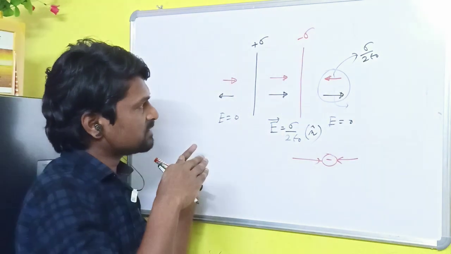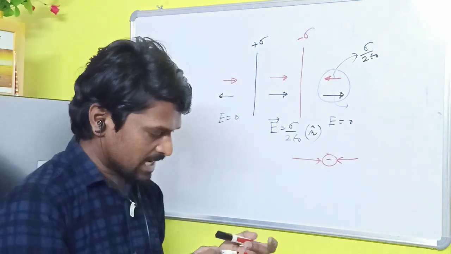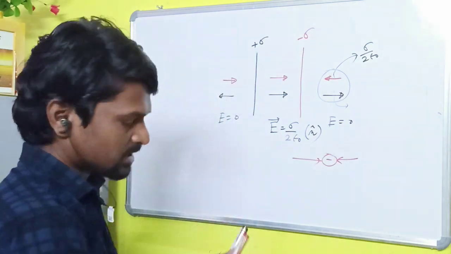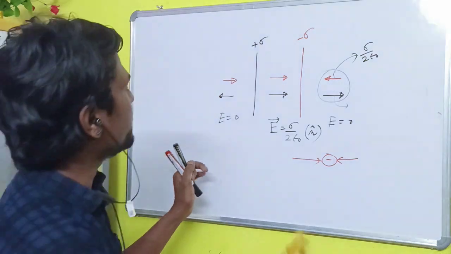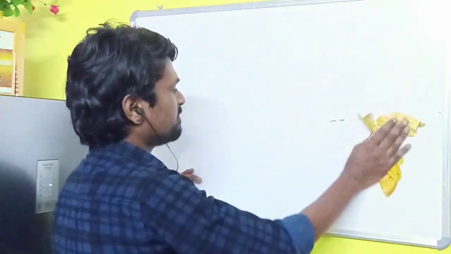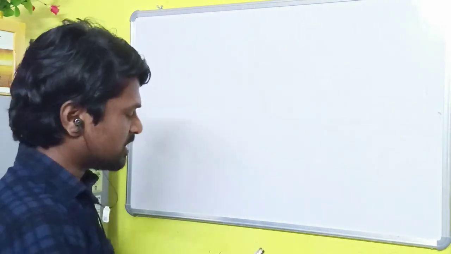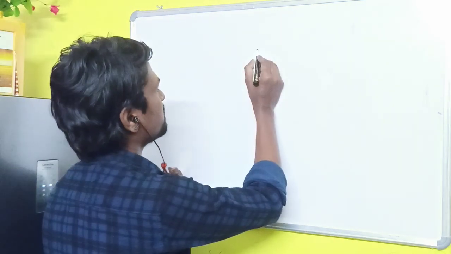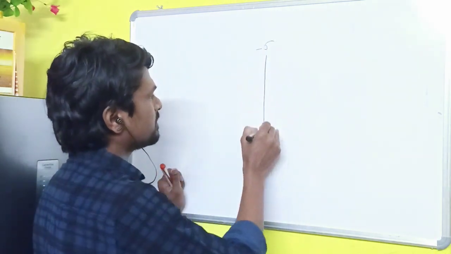If we take another example, a different case, where plus and minus sigma are given, and suppose we take both as minus sigma.